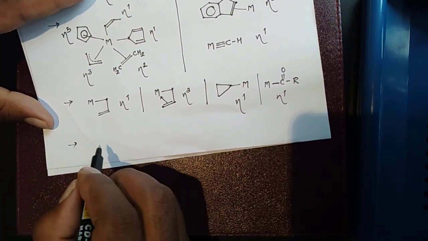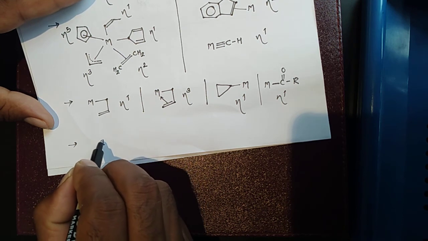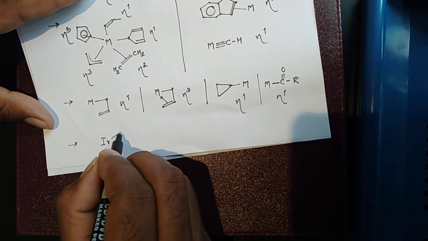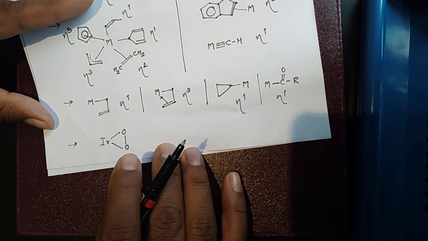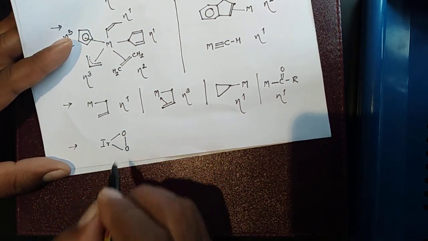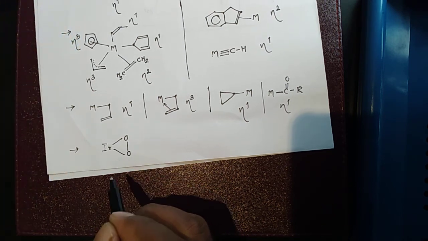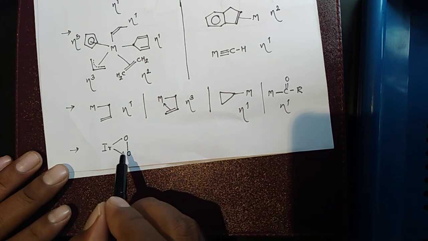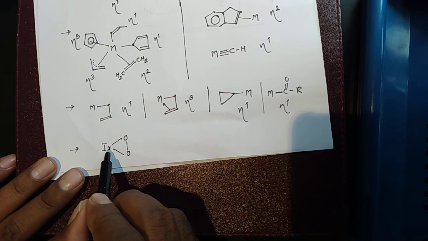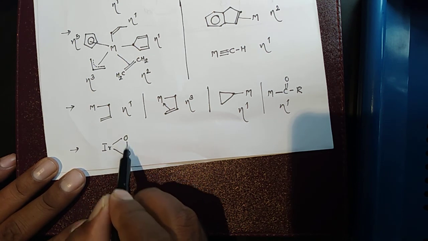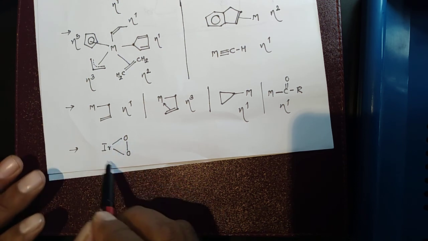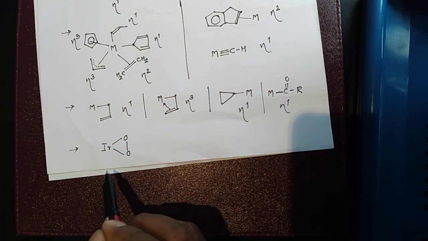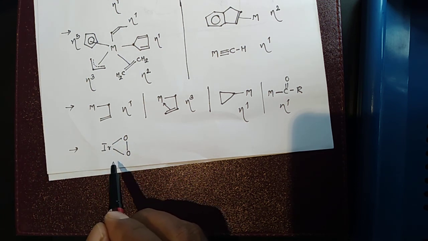And the last interesting example: iridium metal attached to 2 oxygens with 1 single bond. So what do you think? Iridium is directly attached to 2 oxygen atoms. Again the question is whether this is an organometallic compound or not.